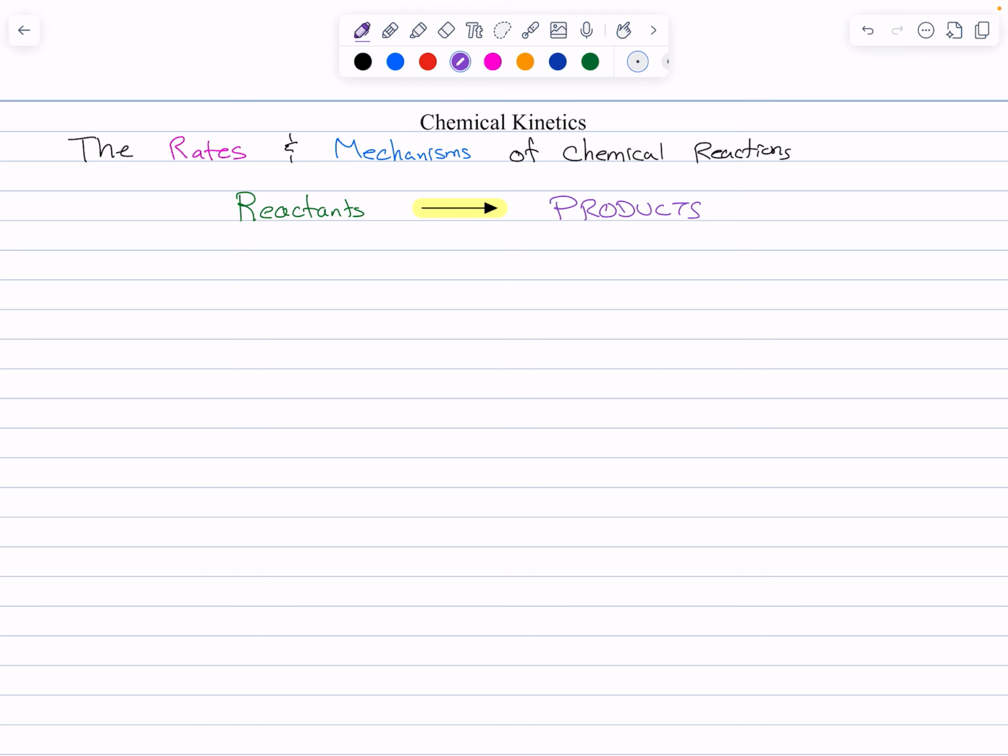So in order to react, let's say we just do a reaction. Let's give it a real one. Reactants. Let's make it even easier. Let's make it H2 gas and O2 gas, and that's going to yield H2O.